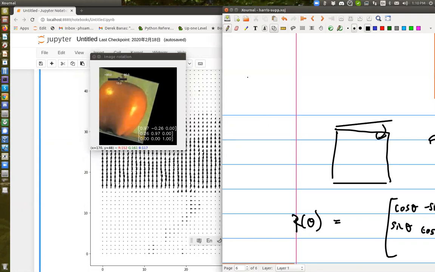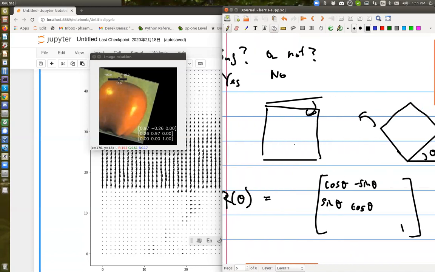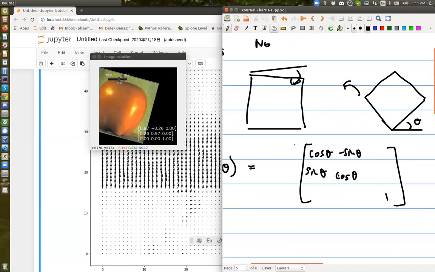So maybe the question is: is it a bug or not a bug? Yes, bug. No, not a bug. I'm using the same matrix that we showed last time.